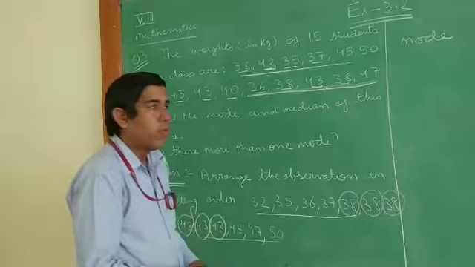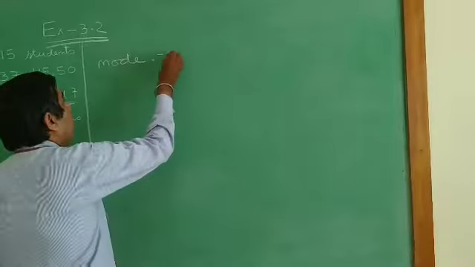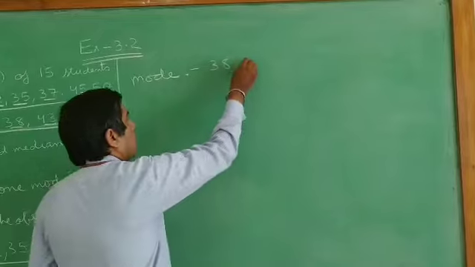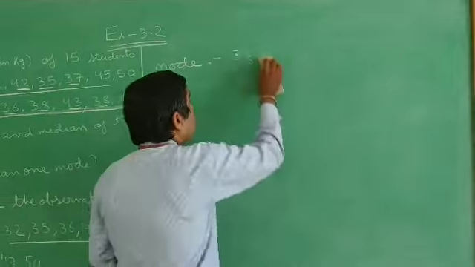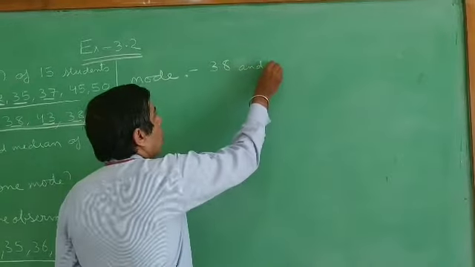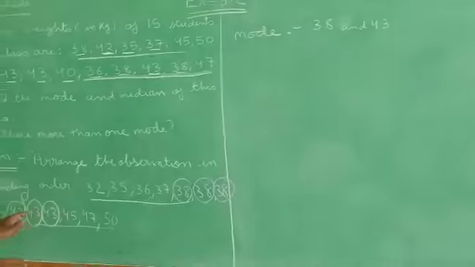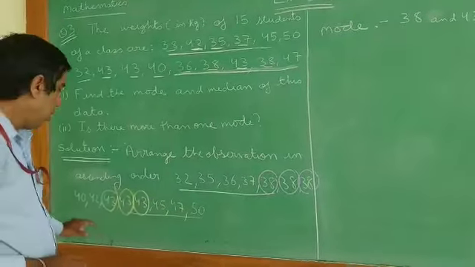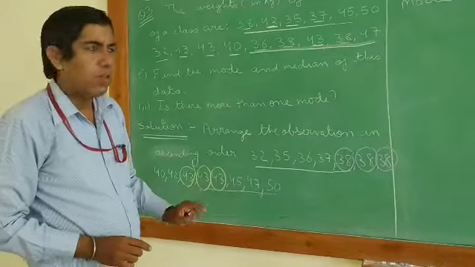So there are two modes because both are coming the same number of times. So the mode is 38 and 43. Two modes are there. I think this is clear to you how the mode came: 38 is repeating 3 times, 43 is repeating 3 times, so the mode came 38 and 43.